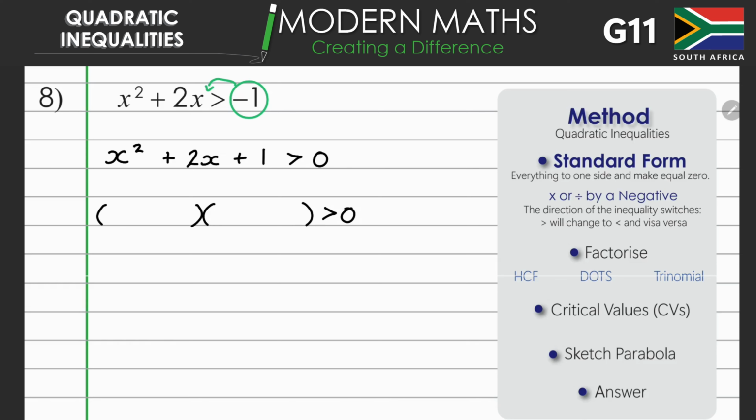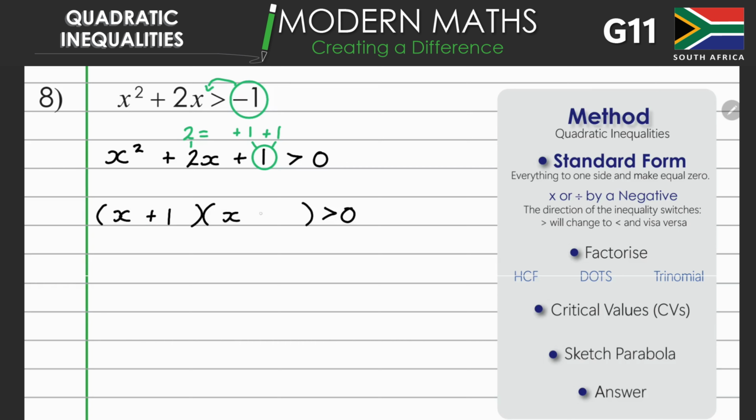So I've got to use the factors of 1 to give me that 2 in the middle. Luckily 1 only has 2 factors, 1 and 1. So I need to add or subtract those to get +2. So if I just say +1 +1, that gives me the +2 that I'm looking for.